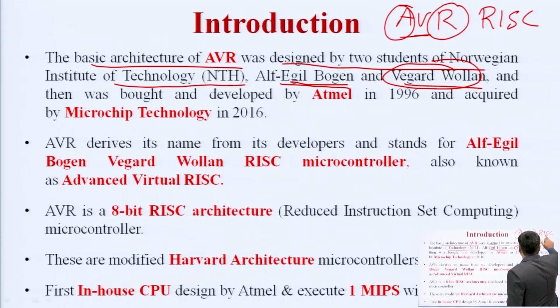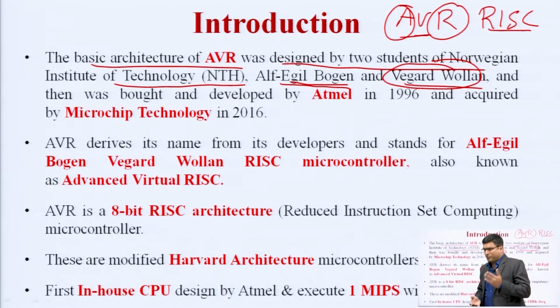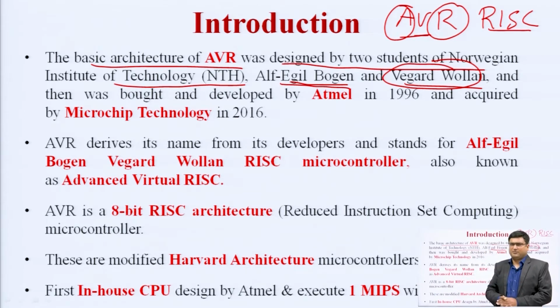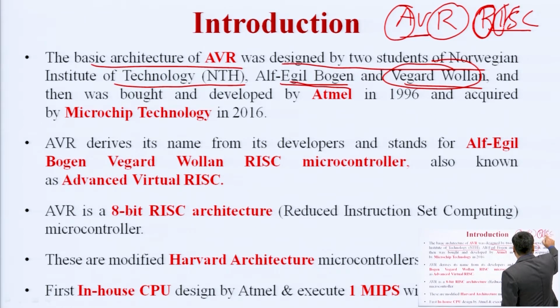One of the most important features of the AVR microcontroller is that it has a RISC architecture. So, what is RISC? RISC means reduced instruction set computer: R means reduced, I means instruction, S means set, and C means computer.